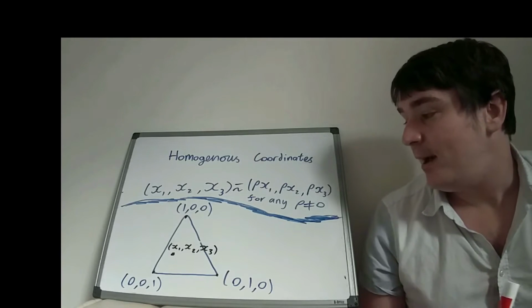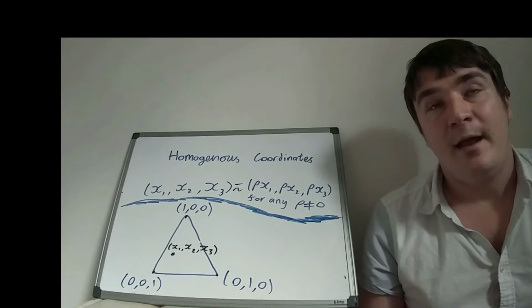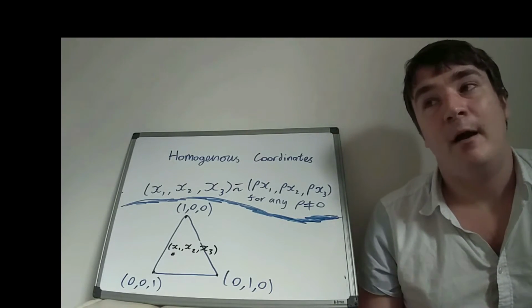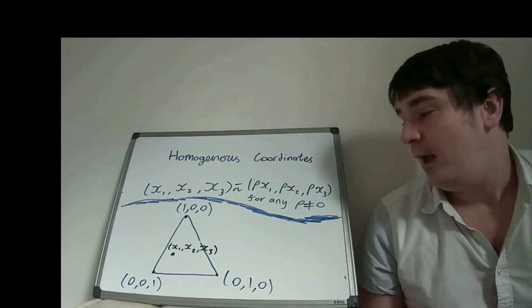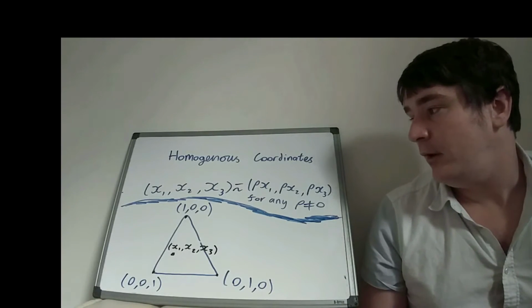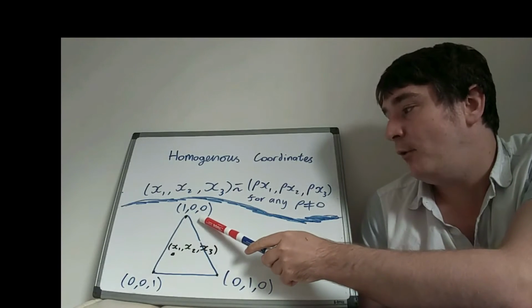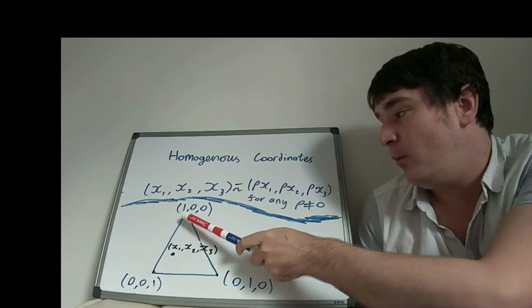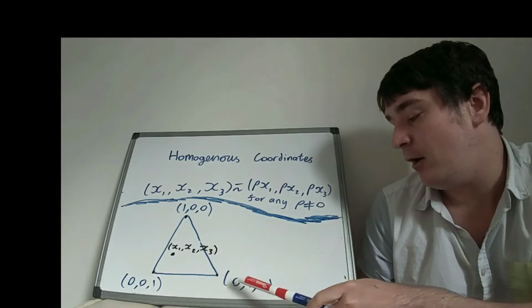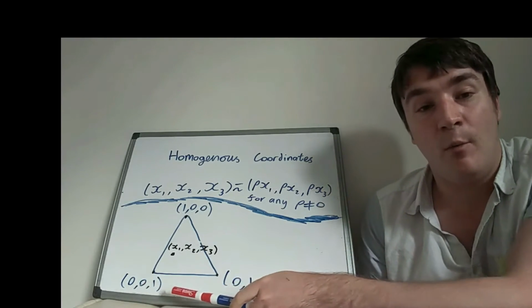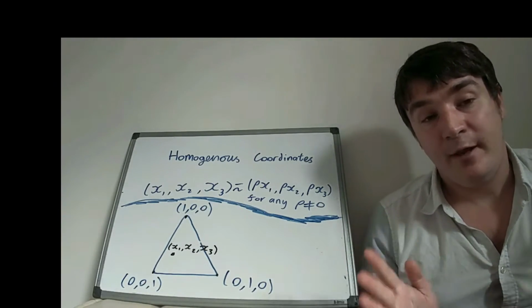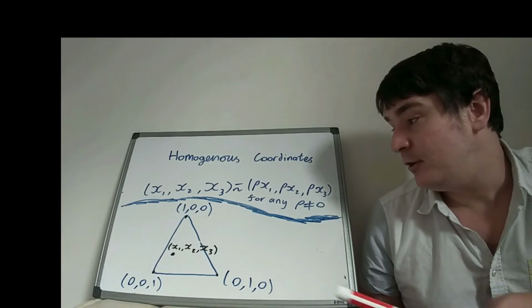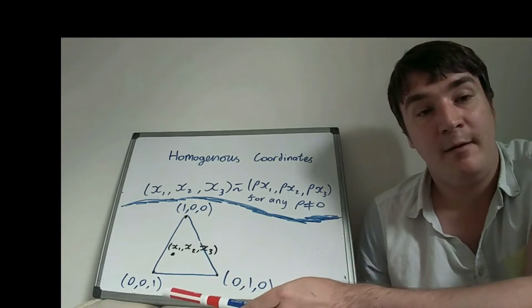But another way of thinking of things is in terms of barycentric coordinates. So we're going to have these three special points with homogeneous coordinates 1, 0, 0, 0, 1, 0 and 0, 0, 1. For this moment, don't worry too much about where these points are in the plane.